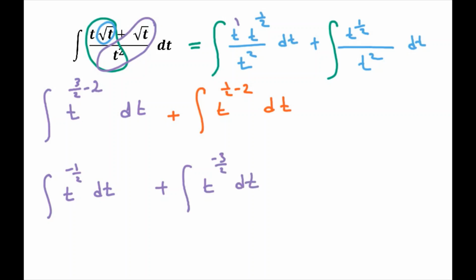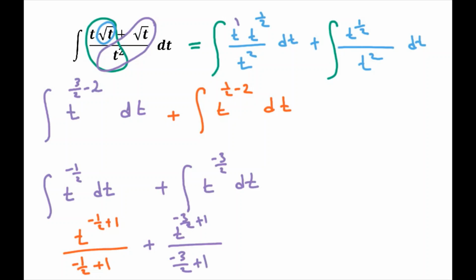Now it's the time to integrate. So it's going to be t to the power of negative 1/2 plus 1 over negative 1/2 plus 1 plus t to the power of negative 3 over 2 plus 1 over negative 3 over 2 plus 1 and plus constant.